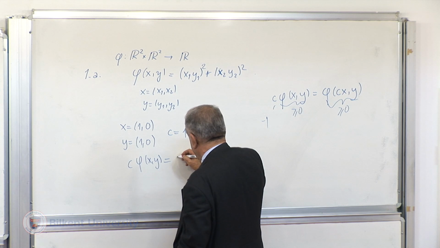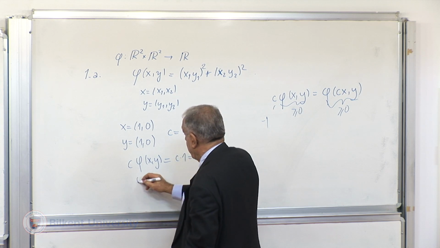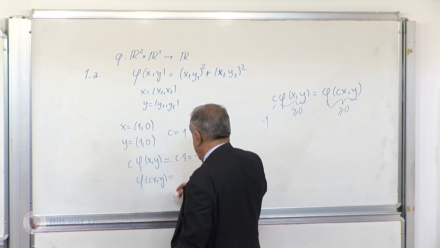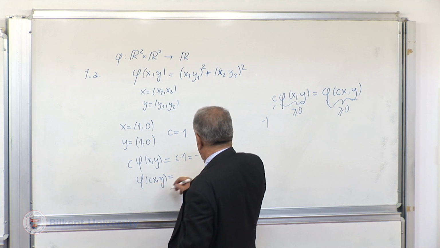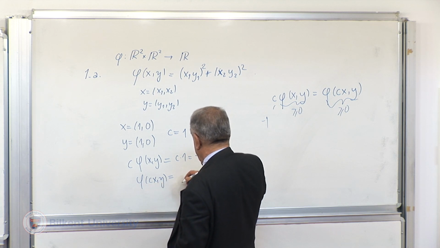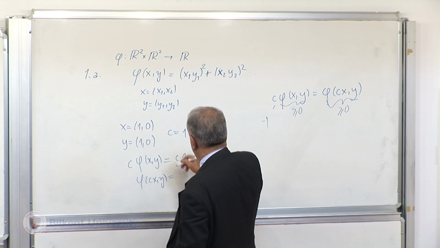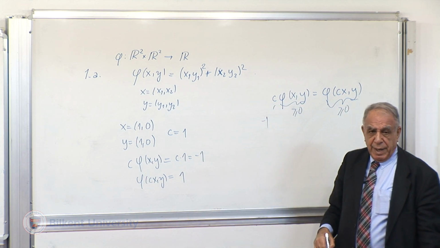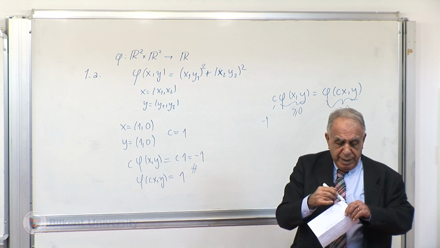That will be c times 1, that will be minus 1. But phi(cx,y), with cx equal to (-1,0), that will be just 1. Okay? So these are not equal to each other.